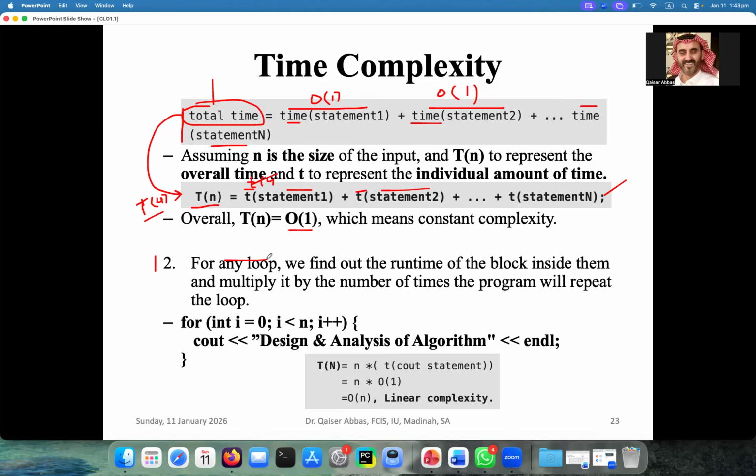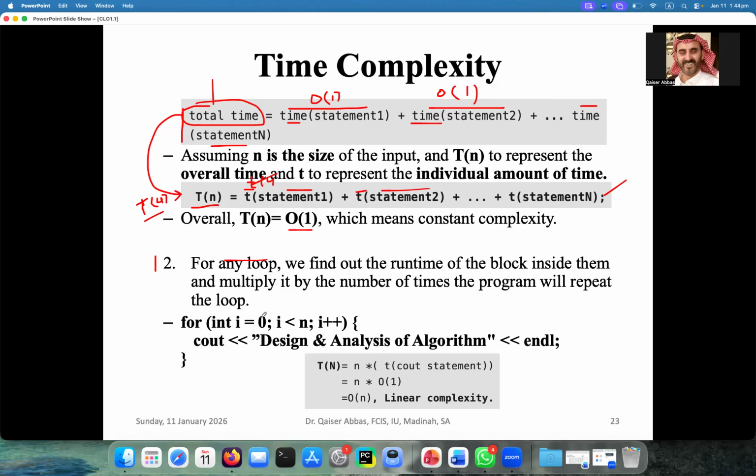If it is multiple statements, you know how to calculate the statement by statement cost and sum them up. Then you will have the time for the body of the loop. Then you have to check how many times that loop is executing. If that loop is executing n times, multiply the cost of the body of the loop n times.